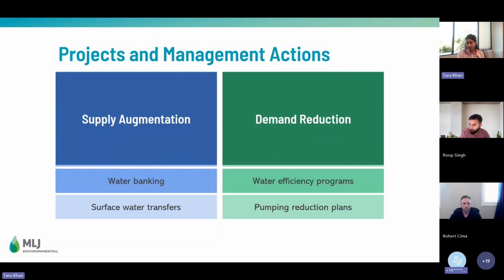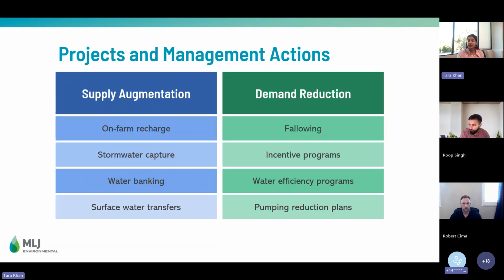Likely, it will be a combination of both, right? You're going to need to get that surface water in the ground, and you'll likely need to reduce the amount of pumping that's happening. And in all cases, you must be able to measure groundwater and track the ins and outs of that water. What is coming in, what is going out, where is the water coming in, where is it coming out from? The data will help you implement SGMA, and it'll also help you prove that you're doing it.